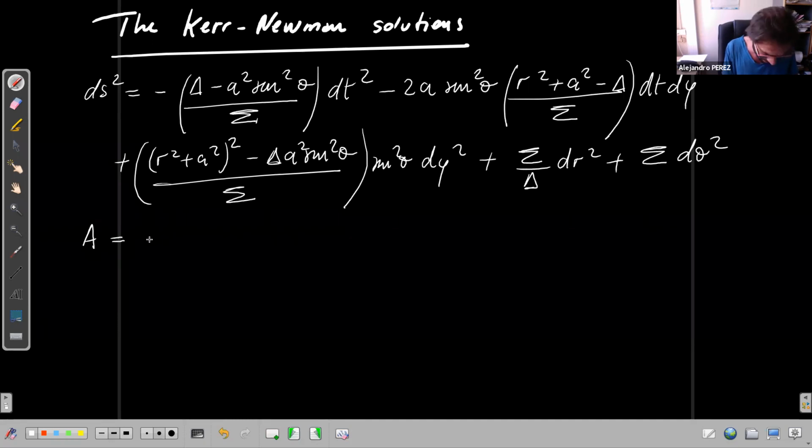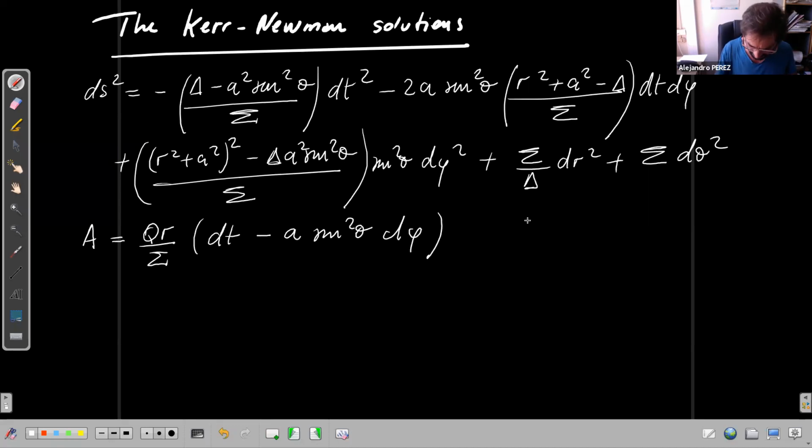So we need the vector potential that describes the Maxwell field, and that one is given by Q times r over Σ times the form dt − a sin²θ dφ.